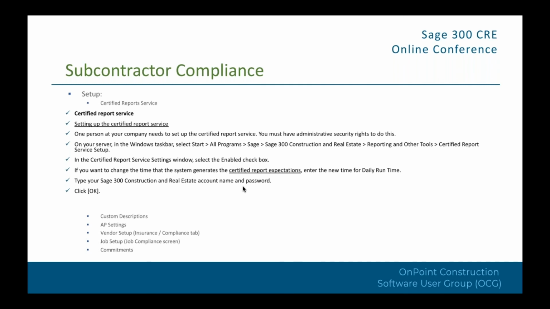But setting that up, it's mainly for the time that the system generates the certified report expectations. So it runs daily and updates itself with when you should expect those certified reports based on the job.